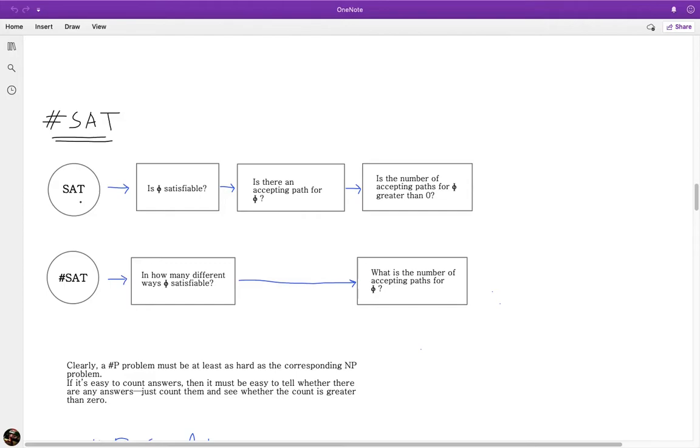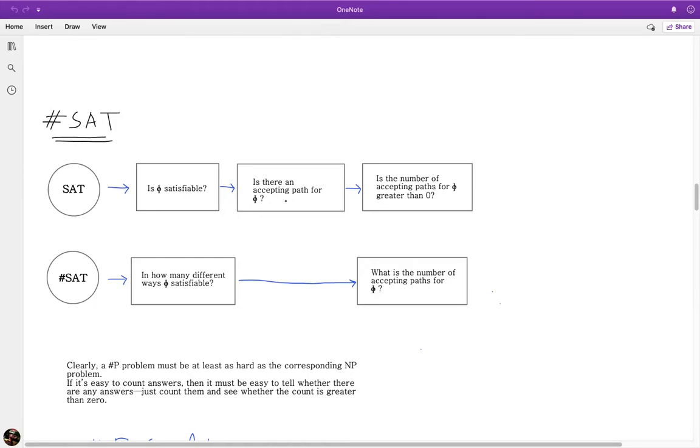Satisfiability is a decision problem. The question we are asking here is: is phi satisfiable? We can model this question as: is there an accepting path for phi? If we have a Turing machine for phi, a configuration graph of phi, and that configuration graph has an accepting path, then we can answer whether phi is satisfiable.